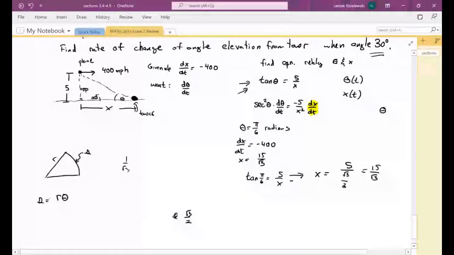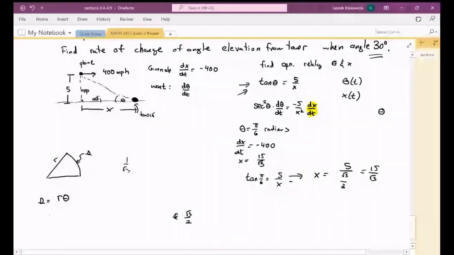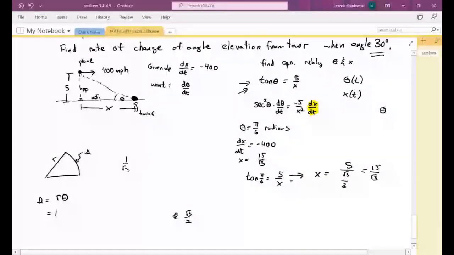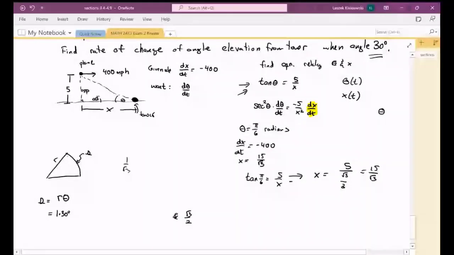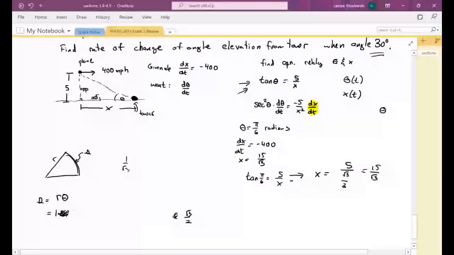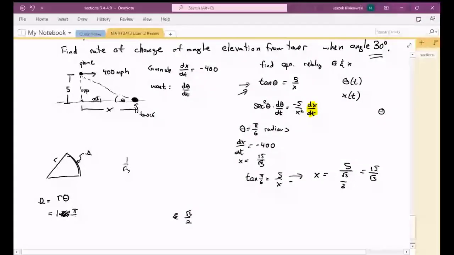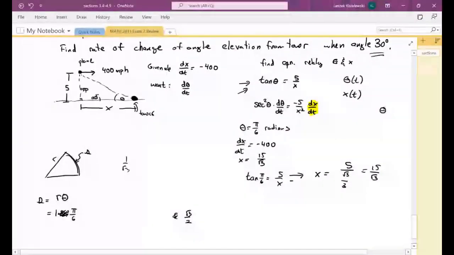Theta needs to be in radians, because if you want to relate angle measures to distances, you can't use degrees. So let's say the radius was 1, and theta is 30 degrees. This doesn't make sense. 30 degrees is not a distance along the circumference. But if you say pi over 6, then yes, that's a distance. It's a number. Here it really didn't matter.